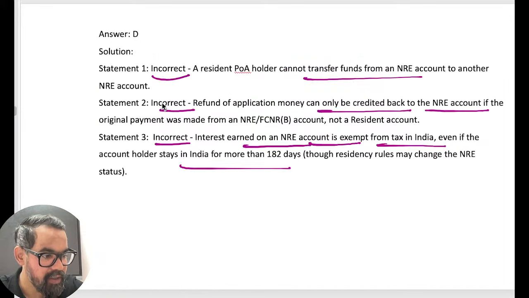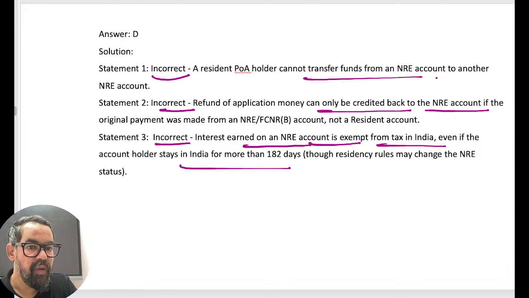I'll just see the answer first. So a resident POA holder cannot transfer funds from an NRE account to other accounts. A refund of application money is only recredited to NRE accounts.